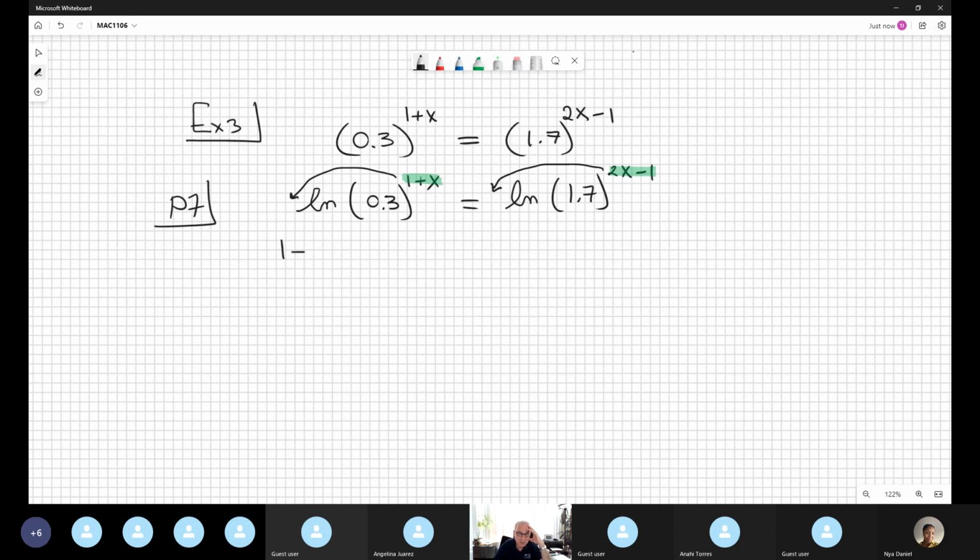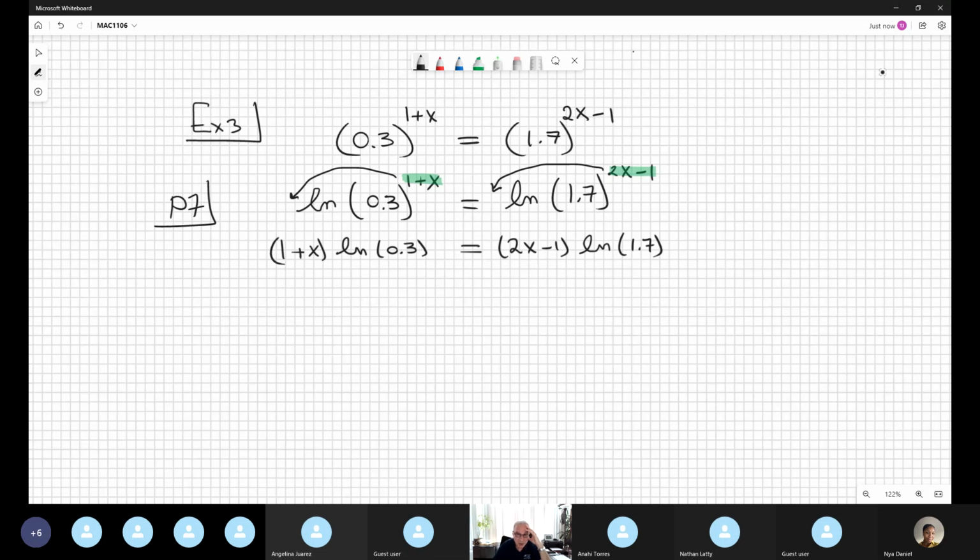So (1 plus x), be careful with the parentheses, times ln 0.3 is equal to (2x minus 1), parentheses because it's a binomial, multiplied by the logarithm of 1.7. Everyone follows me so far? Yes, everyone says yes.